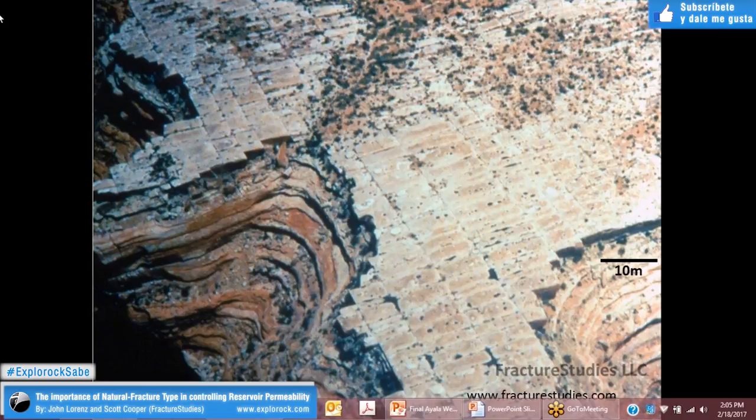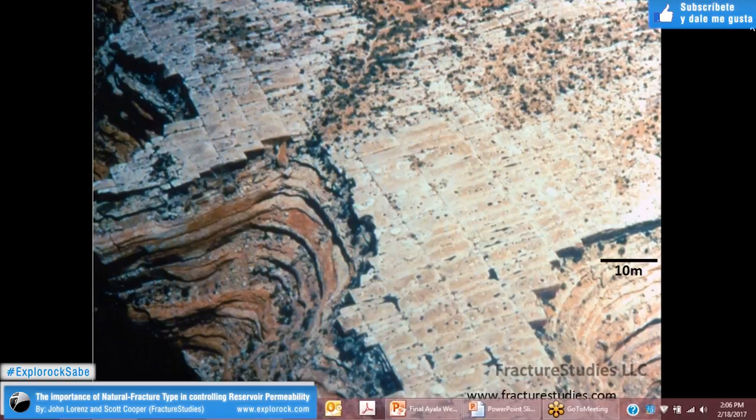What we're going to be doing today is talking about the difference between extension fractures and shear fractures as they affect permeability and deliverability in a reservoir. And it's an important distinction. You've got two basic kinds of fractures.